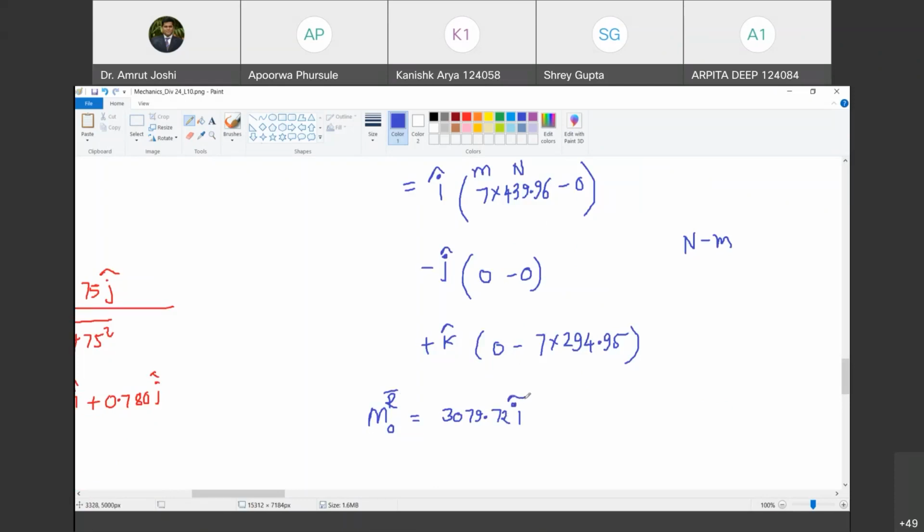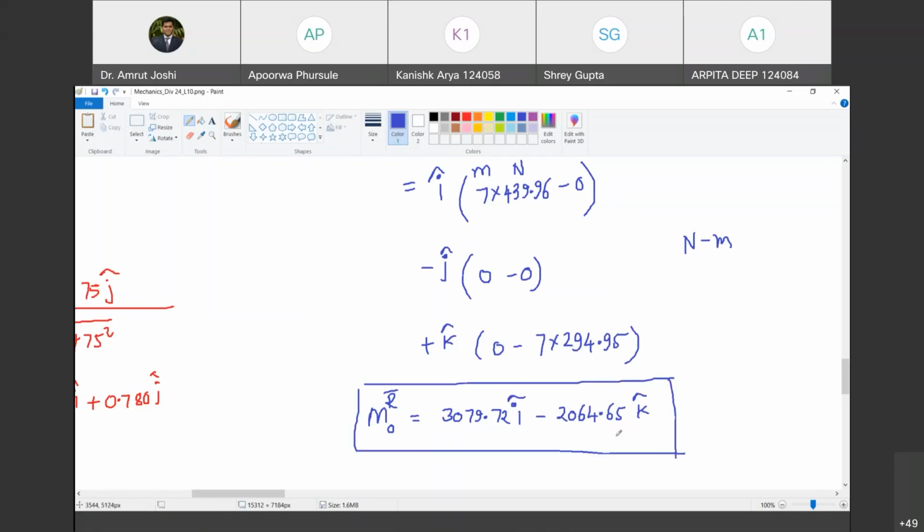And how much is 7 into 294.95? 2064.65 k cap. This is the moment of R bar about O. Are you with me? Yes, sir. Newton meter. Happy? Yes, sir.